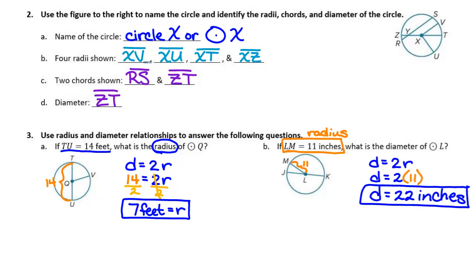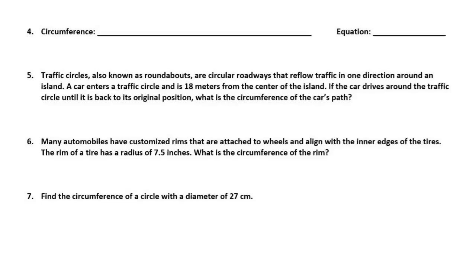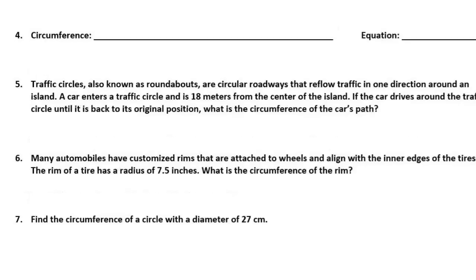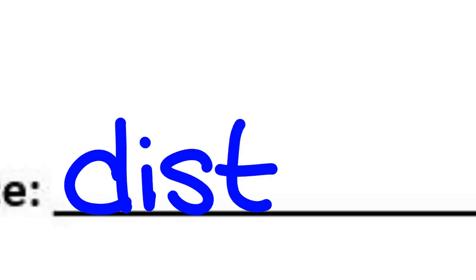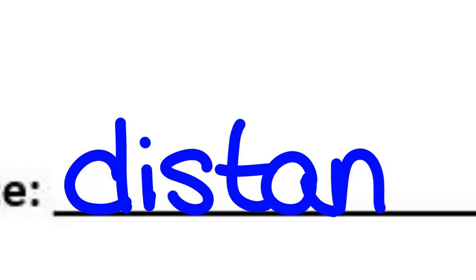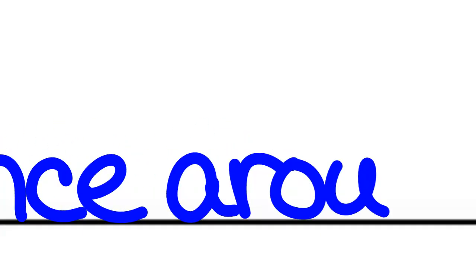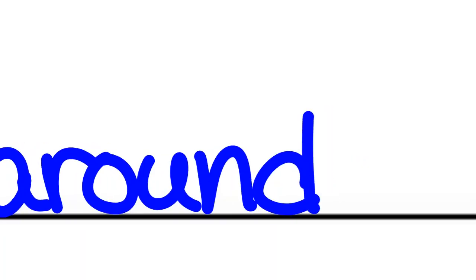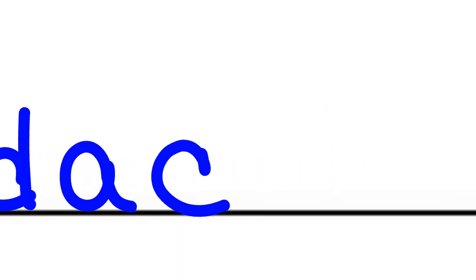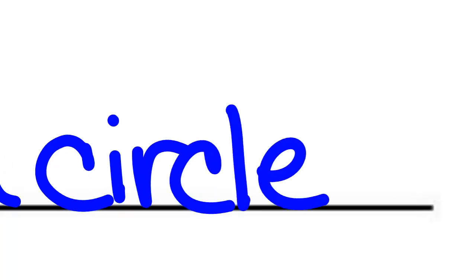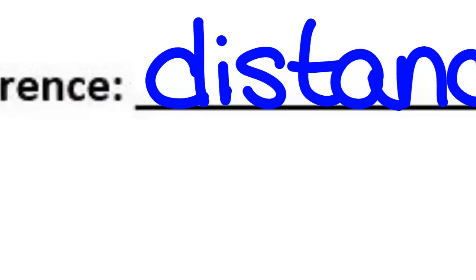Let's turn the page. Circumference. Circumference is the distance around the circle. It's the same thing as the perimeter of a circle.